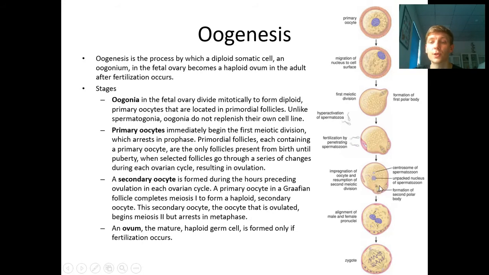The genetic material of the ovum is packed, then unpacked, leading to formation of male and female pronuclei, which fuse and form the metaphase plate of the zygote. And here we see three polar bodies.